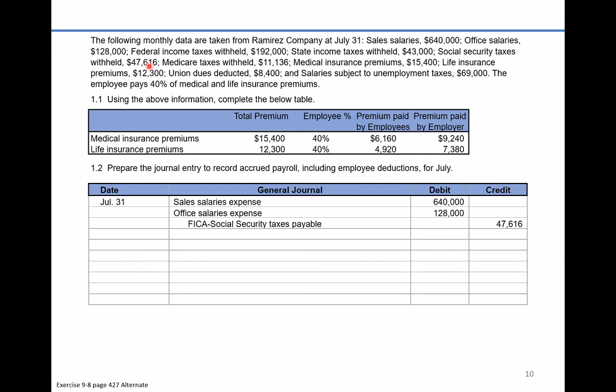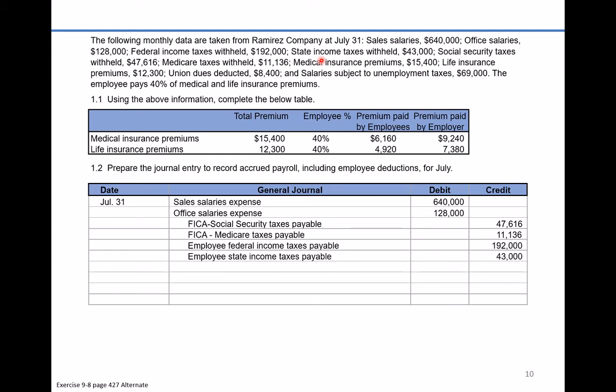There were other withholdings coming collectively out of these employees' paychecks. The Medicare taxes of $11,136 were coming out. The employee federal income taxes were coming out too, of $192,000. State income taxes of $43,000.